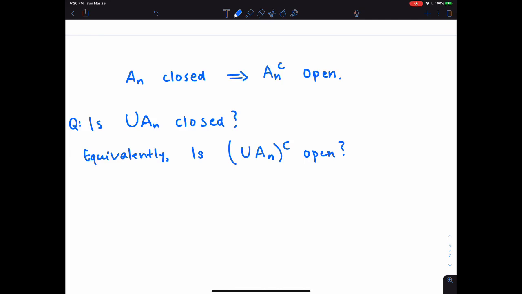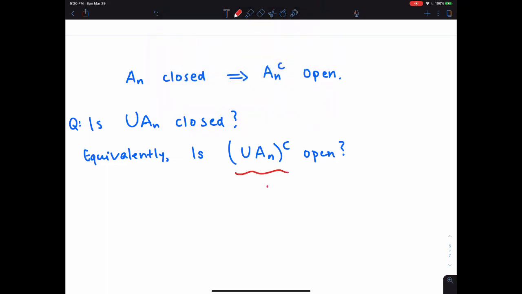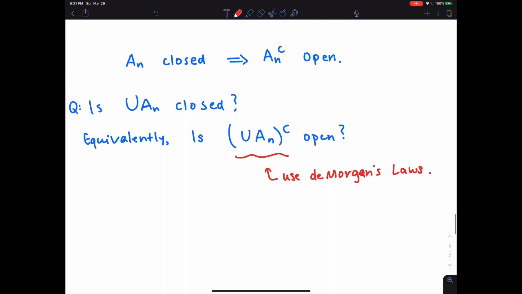This should ring a bell for you. We can use De Morgan's laws.